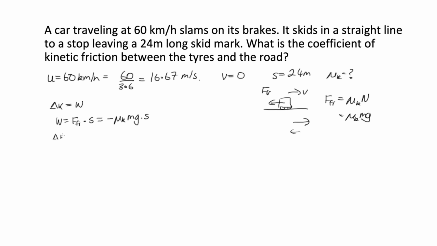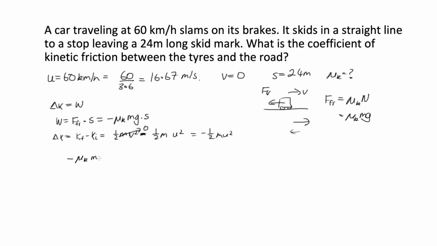Now the change in the kinetic energy, that's going to be the final kinetic energy minus the initial kinetic energy, which is equal to a half v squared minus a half u squared, and v we've said is 0, the final velocity is 0. So this is equal to minus a half u squared. So because the work is the same as the change in kinetic energy, we can set these things equal to each other.